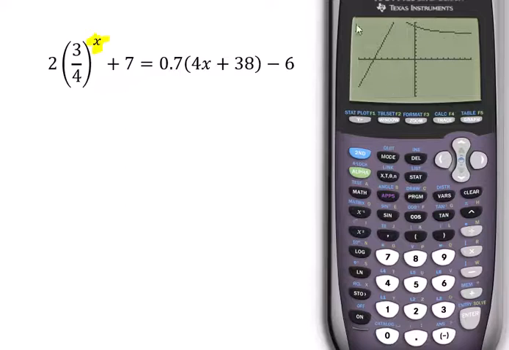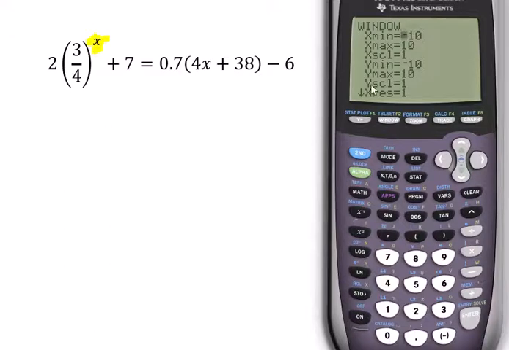So what I need to do is change my window. And if you look at this, my domain right now is running from x is -10 to x is +10, and that's probably fine. My range is going from -10 to +10, and I want to see more of the range. I want to see values up here. So to change this window, conveniently, I'm going to click window. And again, my x min, x max is fine.